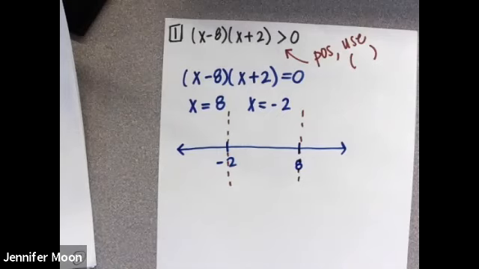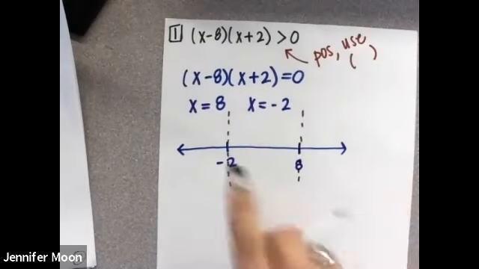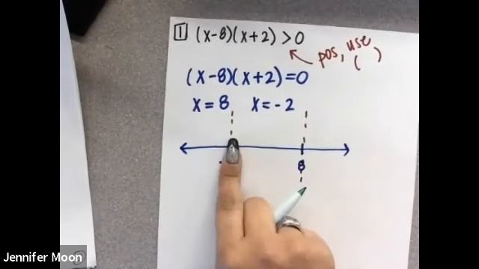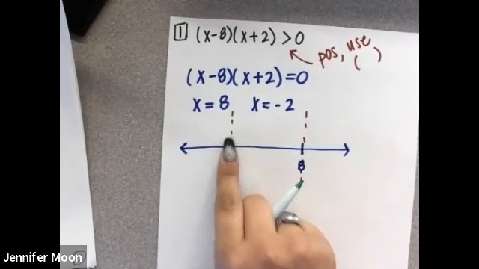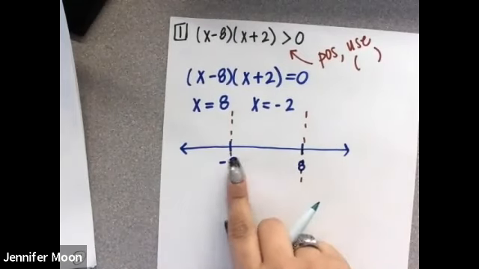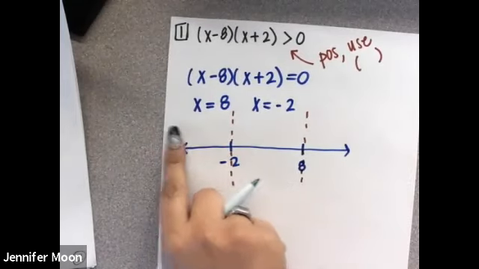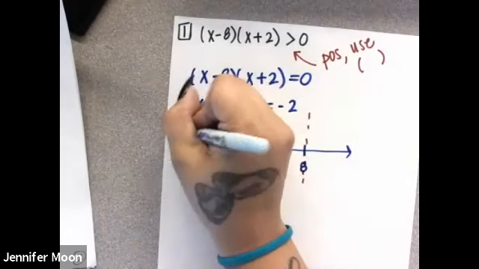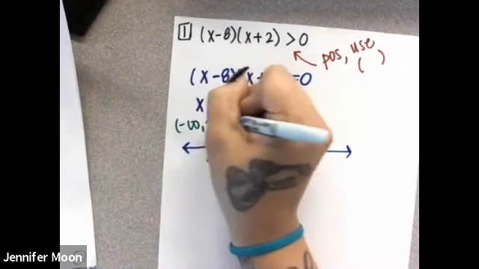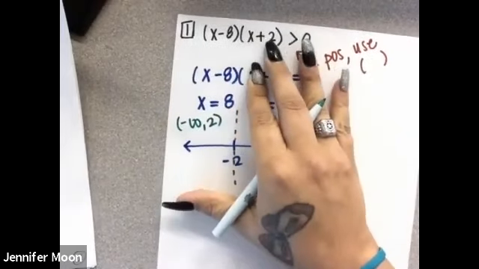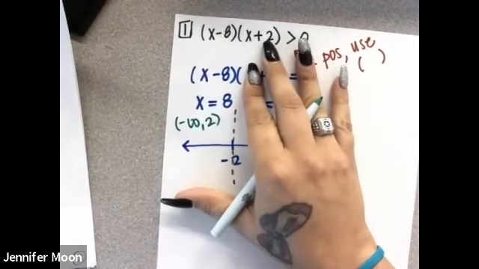So if we already have them on there, then we already have them whenever we do our answer. Y'all, this is saying basically that I'm looking from -infinity to -2, right? That would be this part of the number line. That's the interval that represents that part of the number line, correct?